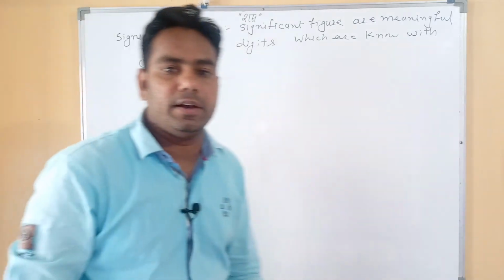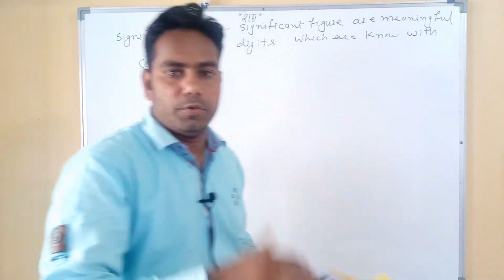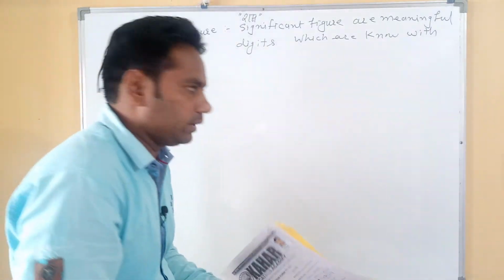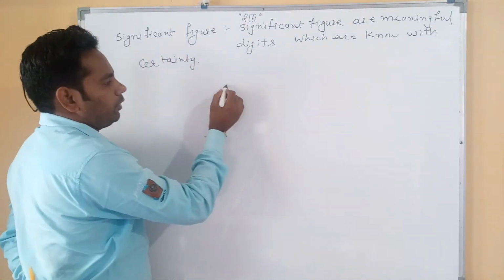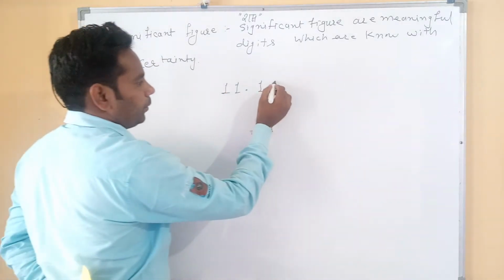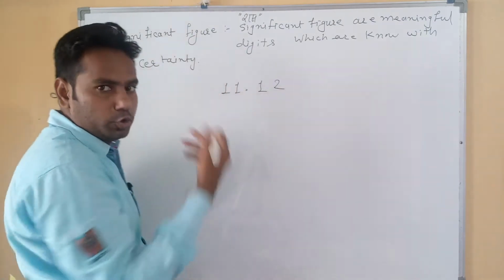Every significant figure has two types of value. One is certain and second is uncertain value. Suppose I have one number, suppose 11.12.